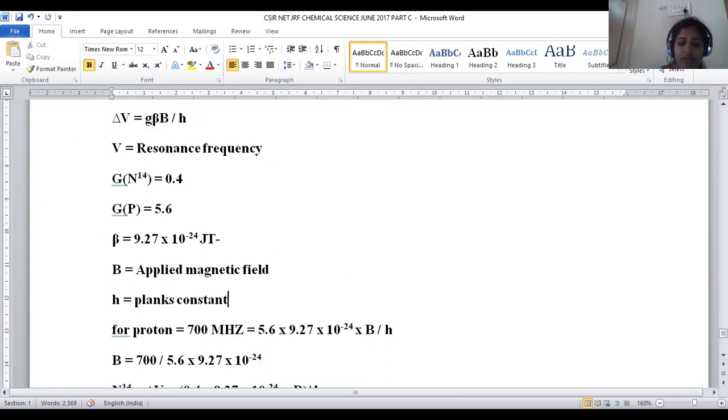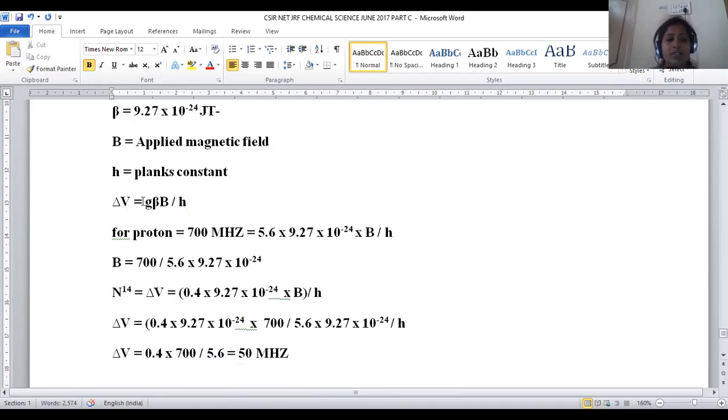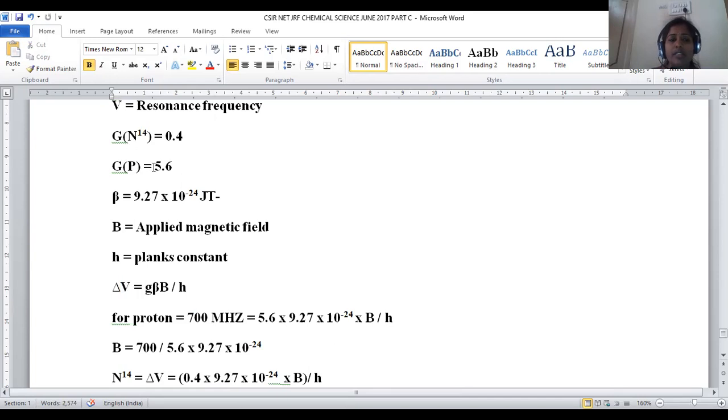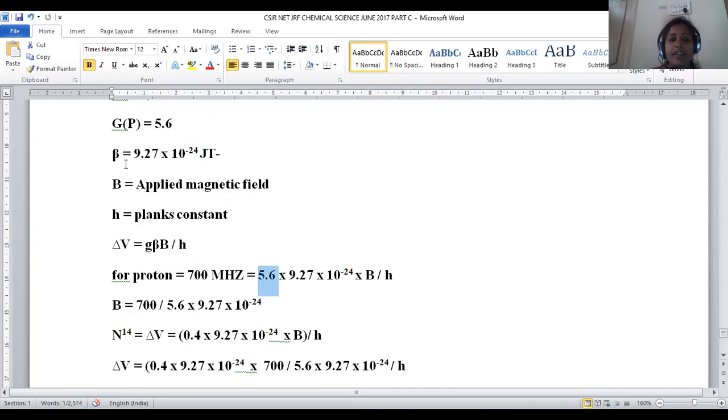In this formula we substitute all the values known to us: g value is 5.6 and beta value is fixed, 9.27 into 10 to the power minus 24, provided as a constant.